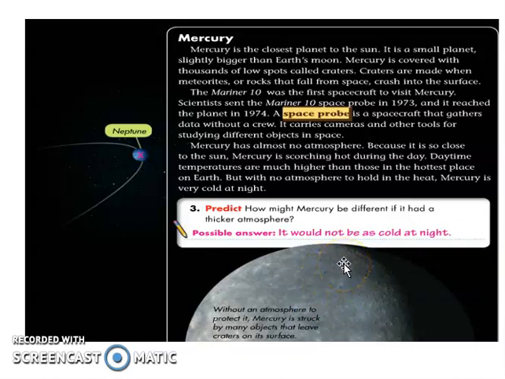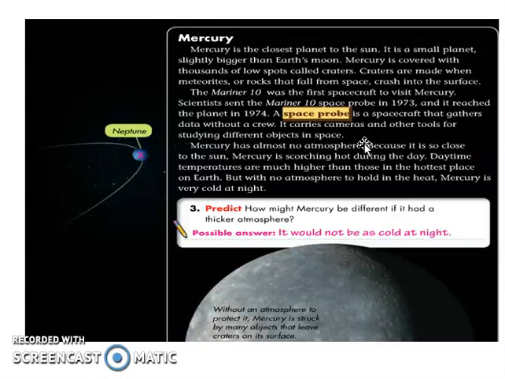Now here, Mariner 10 was the first spacecraft to visit Mercury. Okay, that is the name of the spacecraft. That spacecraft is not manned or crewed, meaning only the spacecraft reached Mercury. Okay, I will repeat.